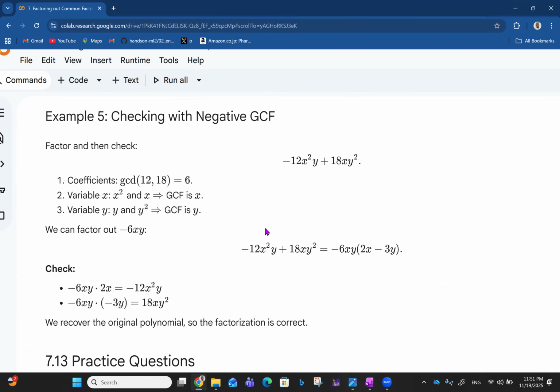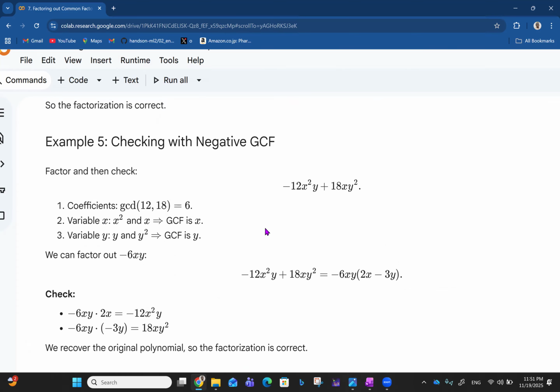So what if you want to check with a negative greatest common factor? Factor that and then check. We have minus 12x squared y plus 18xy squared. The coefficients are 12 and 18, so the greatest common factor is 6. For the variable x, you have x squared and x to the power 1, so you take x. You have y and y squared, so you take just y.